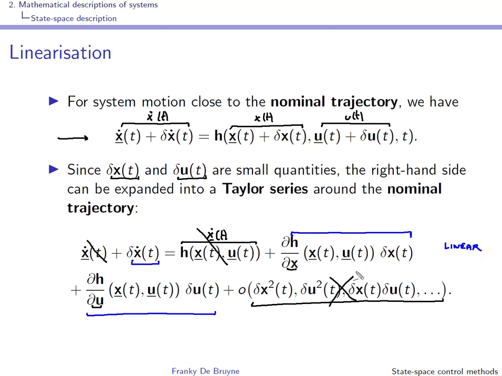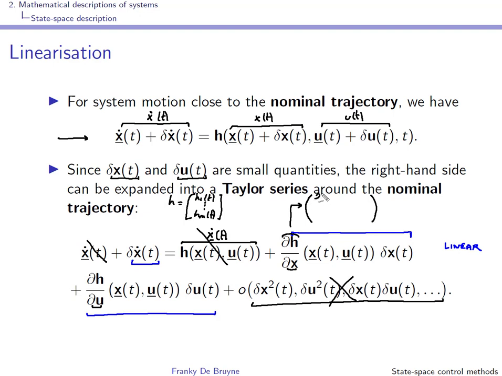We can have a look at this quantity, the partial derivative of h with respect to x, and if you look at it, it's a matrix. Remember that h is a vector function, h1 of t up to hn of t, right? So this thing here is a matrix.